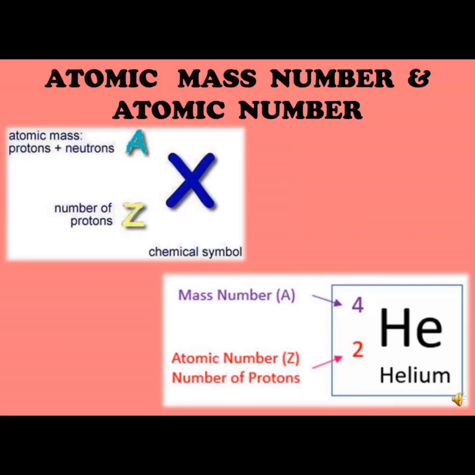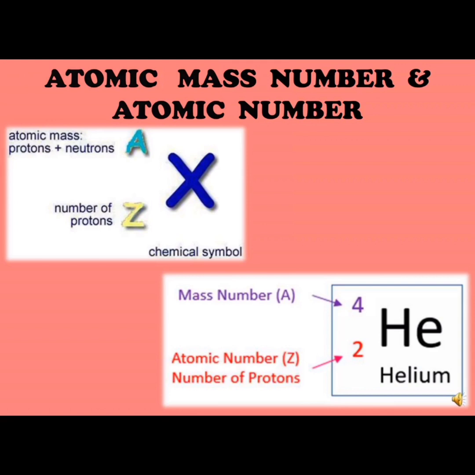Now let us look at atomic mass number and atomic number. Now let us consider an atom X. Okay, it is just an example we are taking. Suppose there is an atom X. In that case, how do we write the atomic mass number and the atomic number?